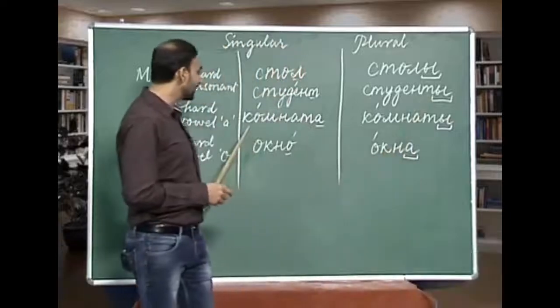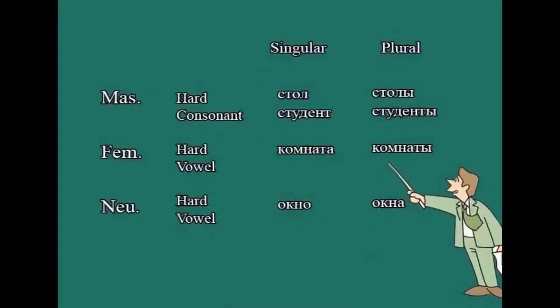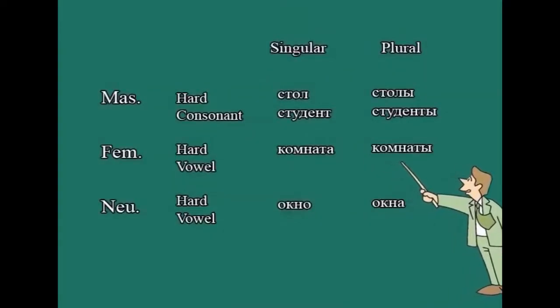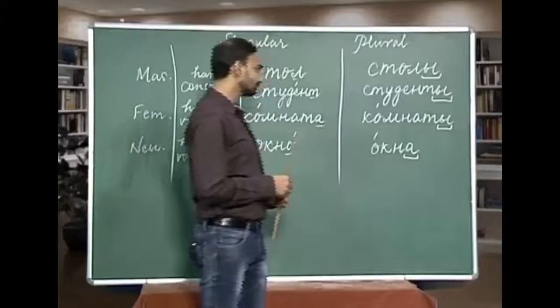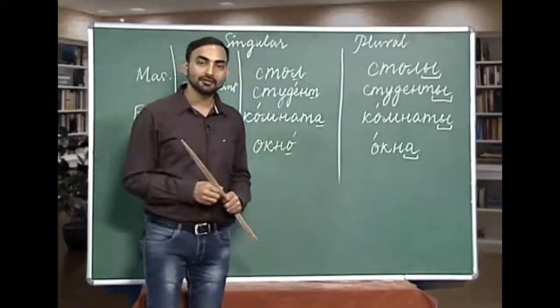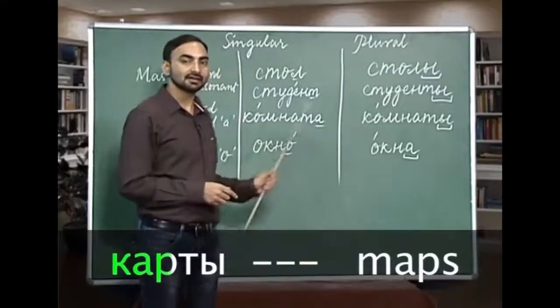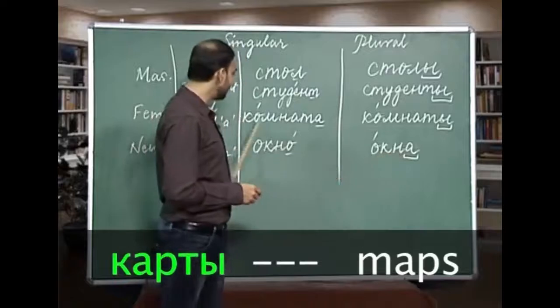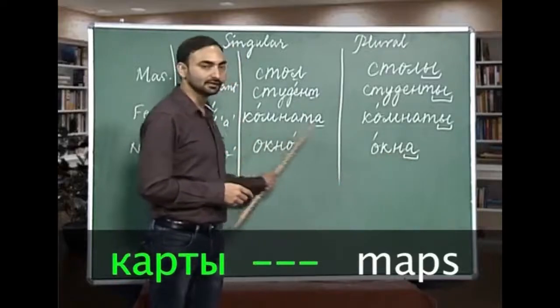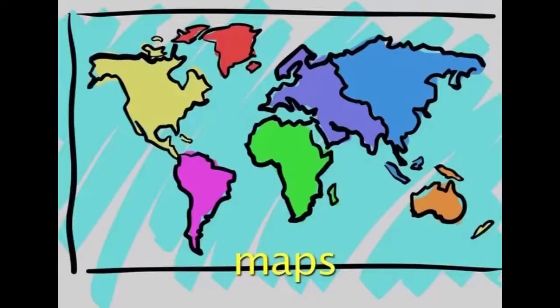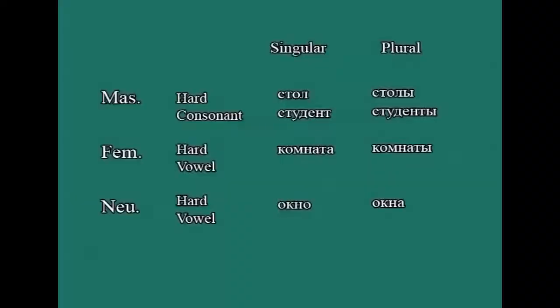So, what will be the plural of комната? Комнаты, rooms. What will be the plural of карта? Карты, the same way as we have done in комната. Комнаты, карты, maps.